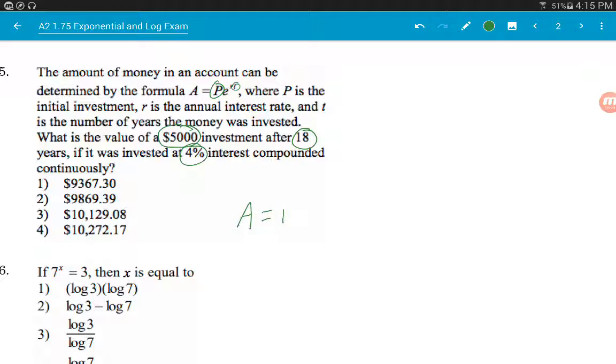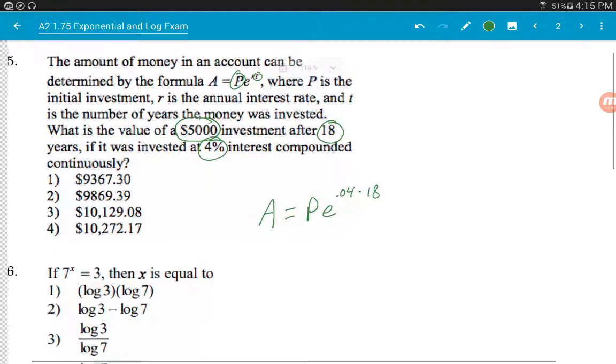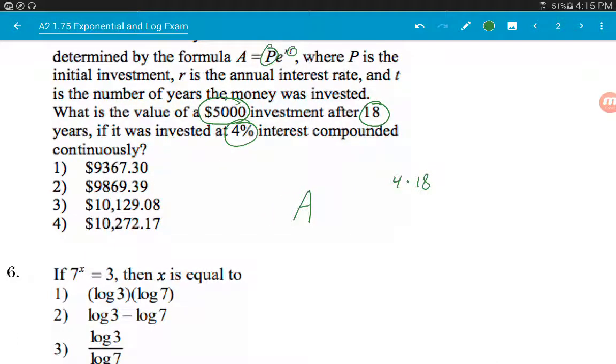A equals P e to the 4%, which is 0.04, times t, which is 18 years. I can plug this right into my calculator. Once I plug in the 5,000 for the P, A equals 5,000 times e to the 0.04 times 18.